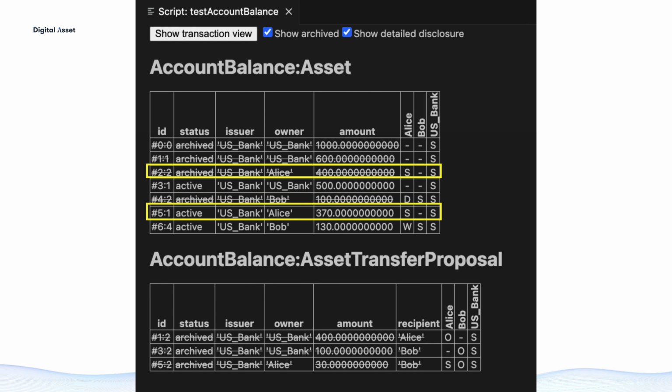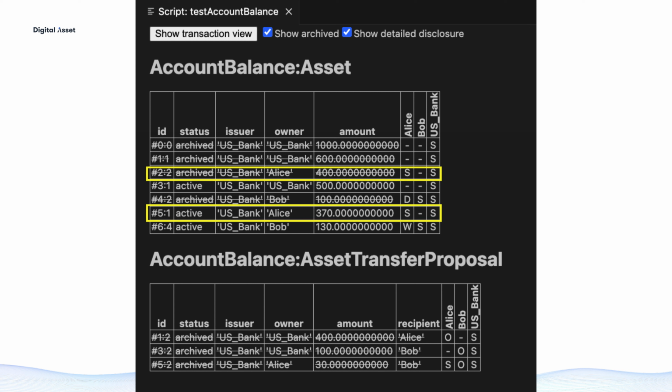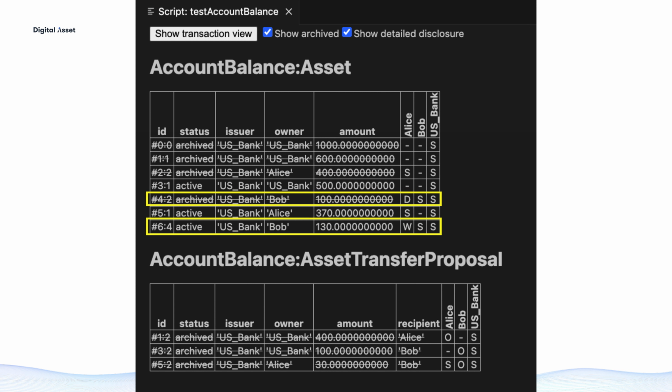Alice offers $30 to Bob out of her $400, creating a new $370 asset contract for herself. As Bob accepts the $30 from Alice, his existing total amount of asset $100 is archived and a new asset of $130 is created.